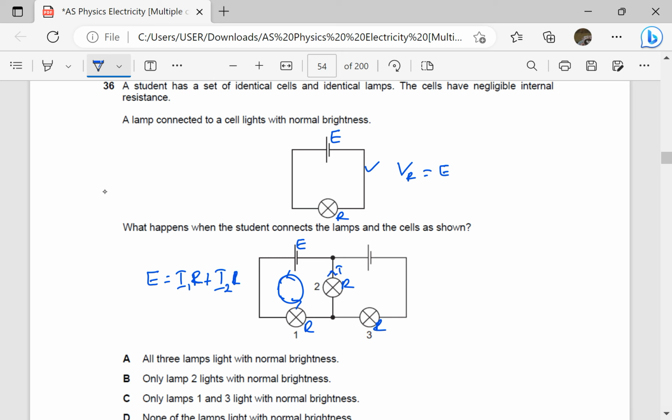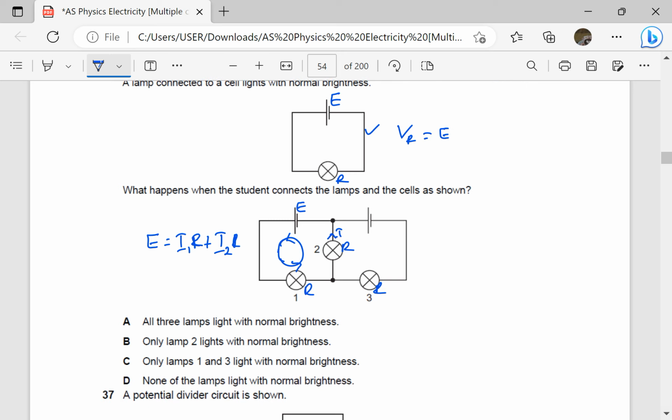It means the PD across 1 has reduced. The PD across 1 is smaller, and the PD across 2 is smaller than actually E.